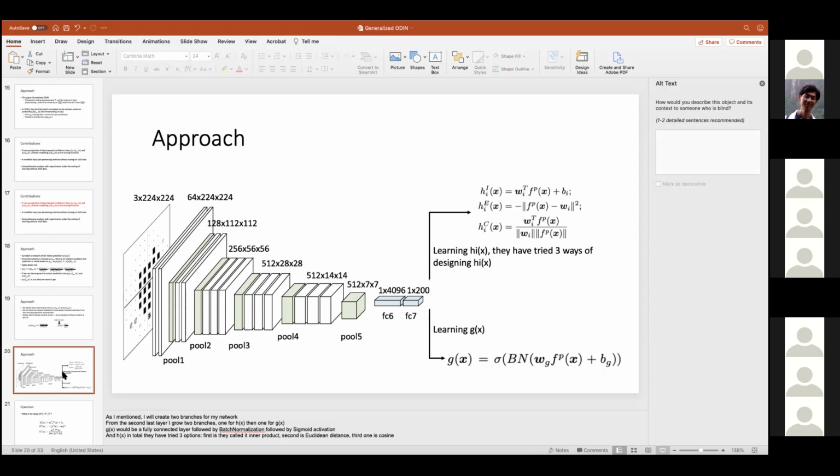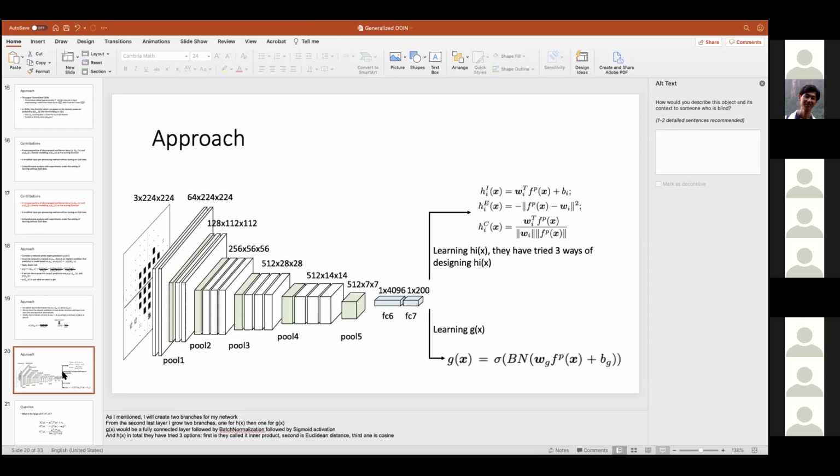Okay, so as I mentioned, the network has two branches. From the second-last layer, I grow two branches. One is responsible for learning hx. The other one is responsible for learning gx. For gx, it is a fully connected layer followed by a batch normalization, followed by a sigmoid activation.